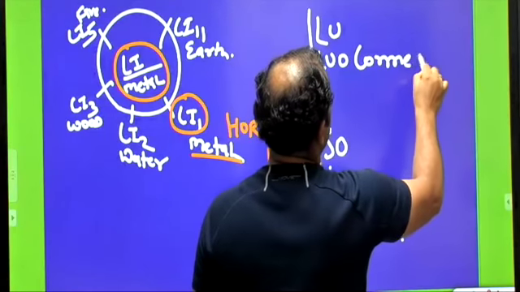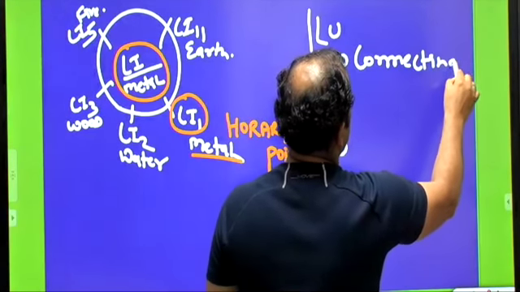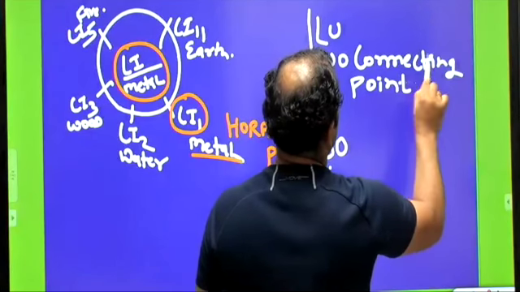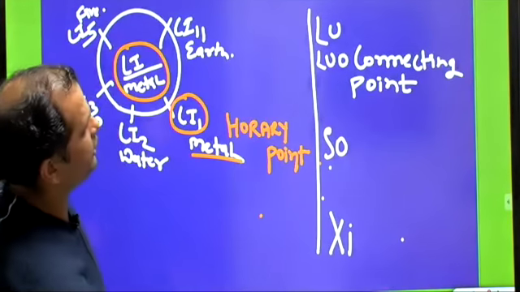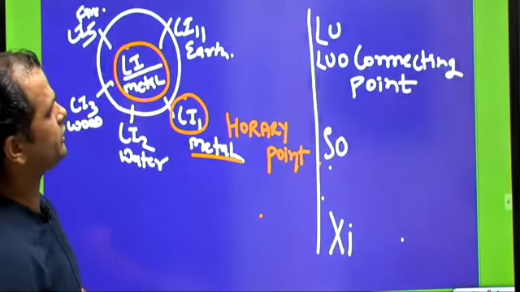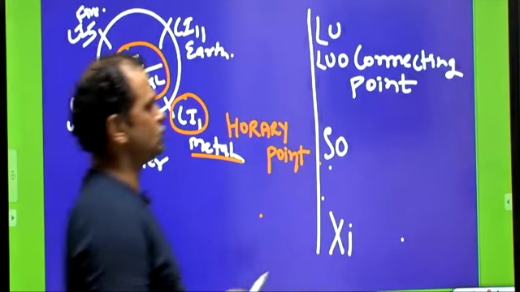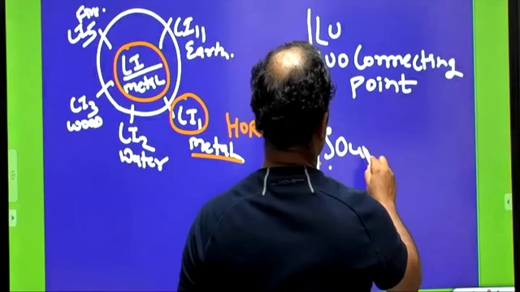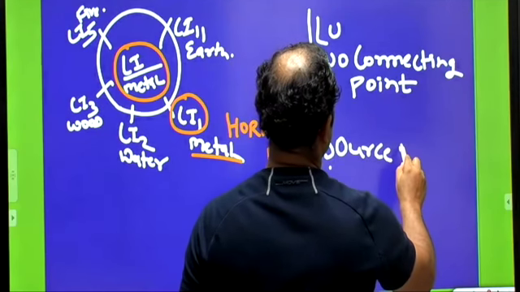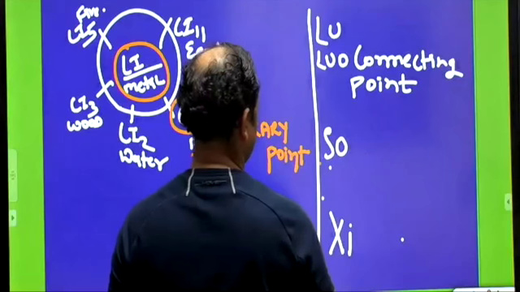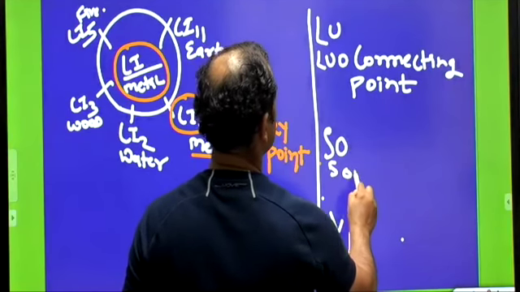So we should know who is the Luo-connecting point of the large intestine meridian. Then the source point. Then we should have the idea who is the source point of the large intestine meridian.